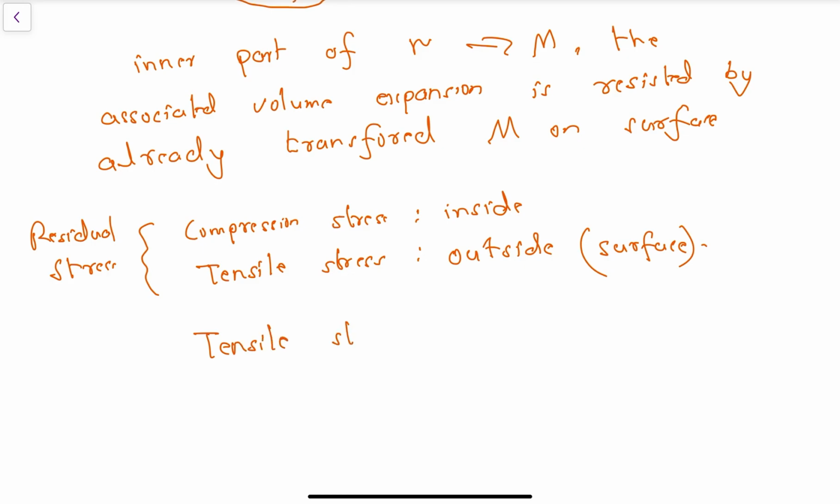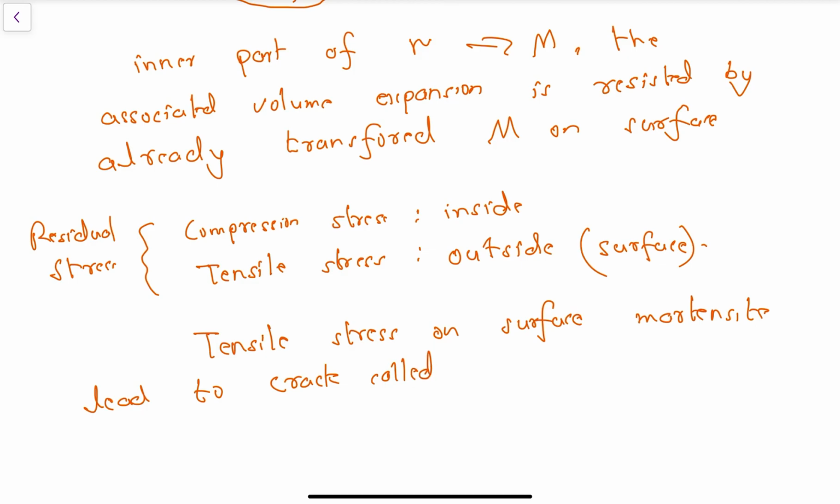This tensile stress on the surface martensite leads to cracks. These are called quench cracks.